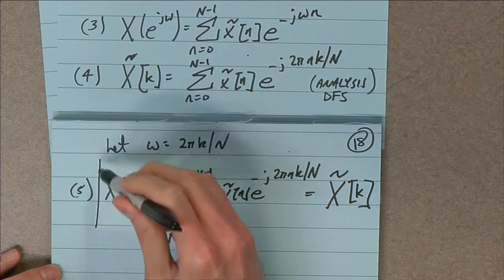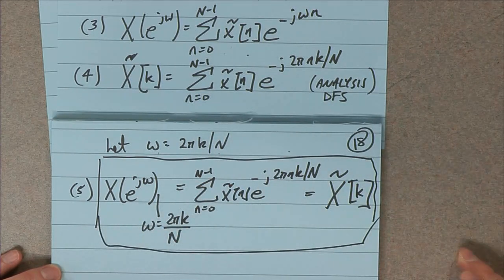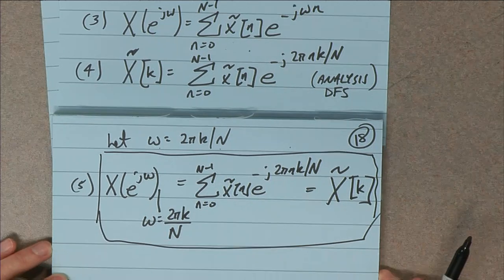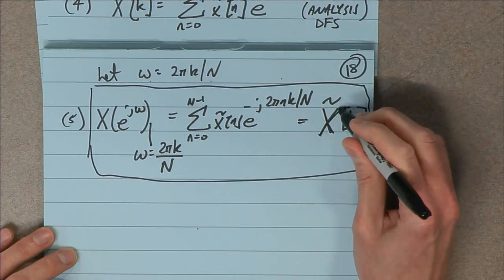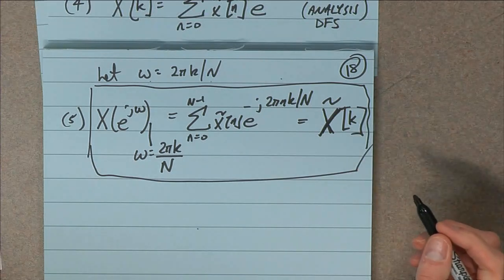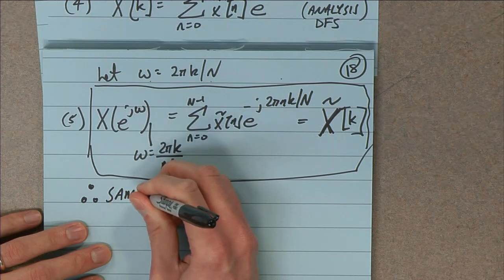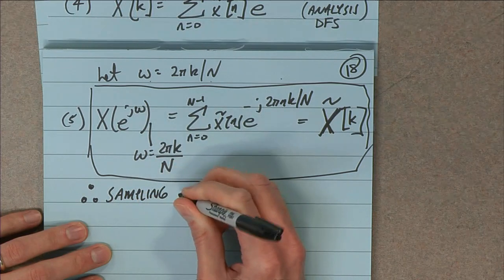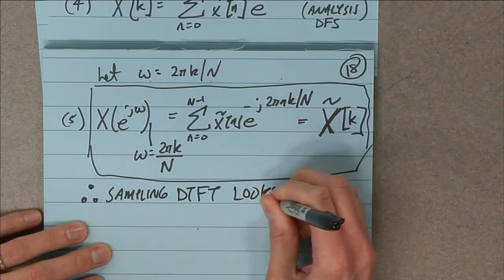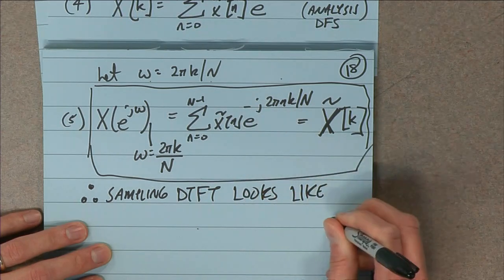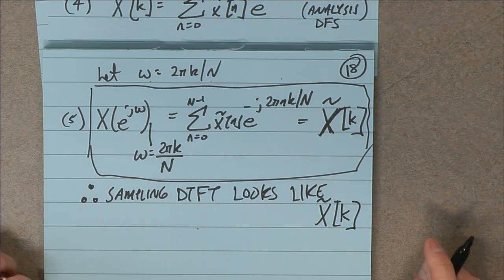So this whole thing is telling us, hey, if we sample the discrete time Fourier transform, it really looks like the analysis equation of the discrete Fourier series sequence out of the DFS. So that's good news. We can connect these two together. Sampling the discrete time Fourier transform basically looks like x tilde of k, the discrete Fourier series coefficients.